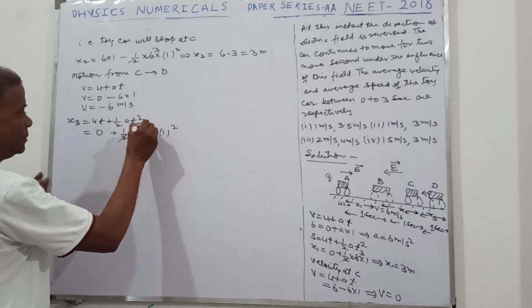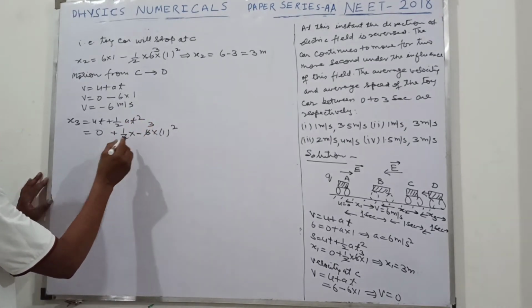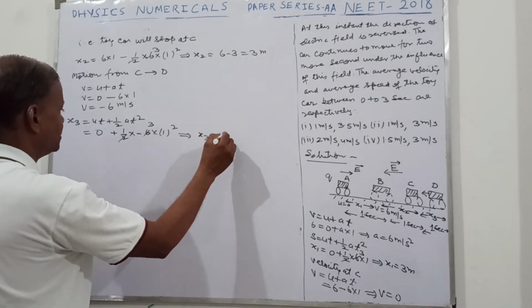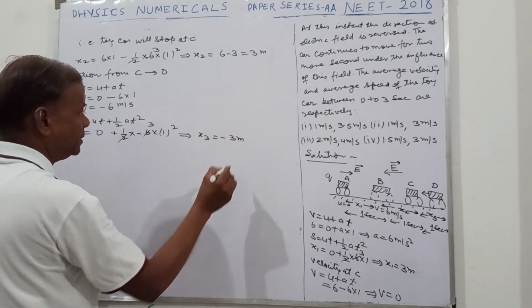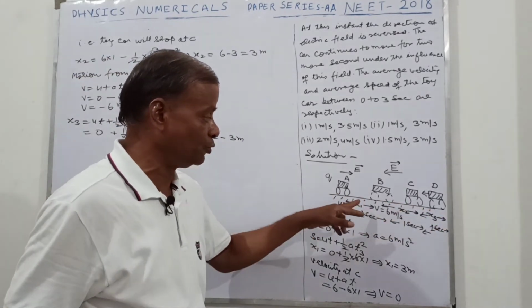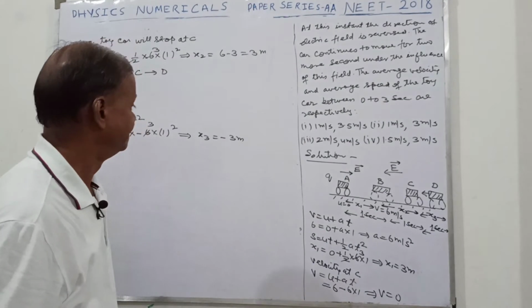This will be your 3. So from here we get x3 equal to minus 3 meter. Minus sign is indicating that this toy car is moving in the opposite direction.